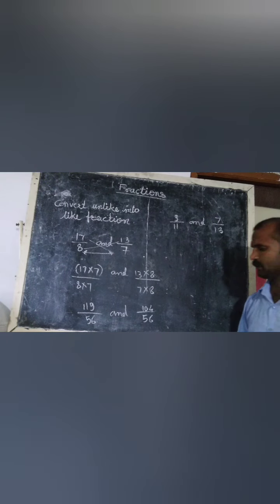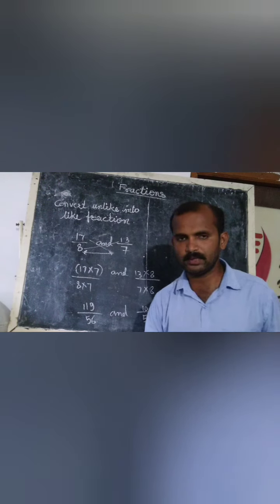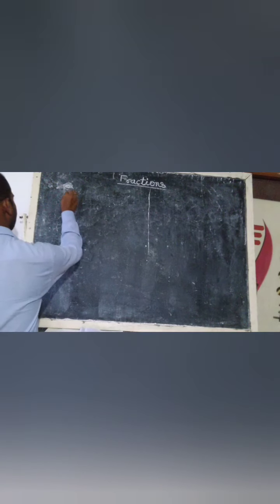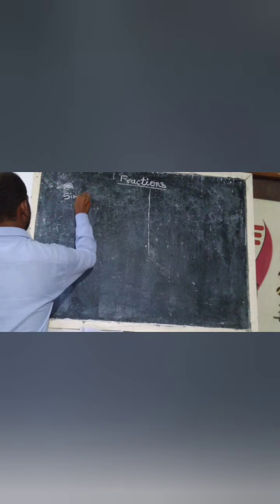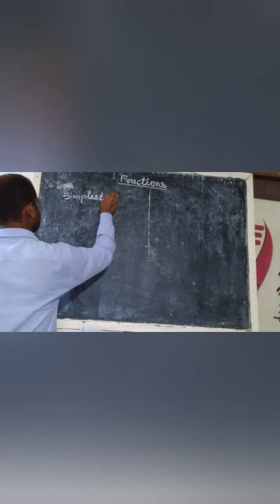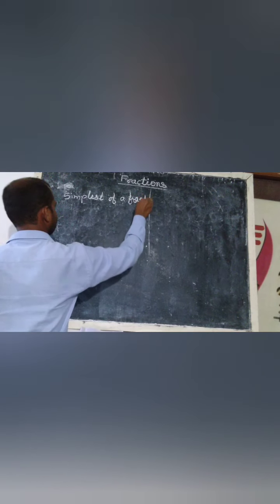Okay, let us study the next part, that is how to find the simplest form of a fraction. It is given on page number 25 of your textbook. Simplest form of a fraction.